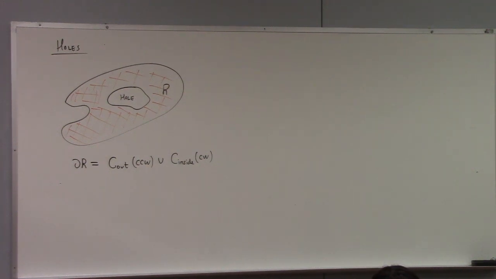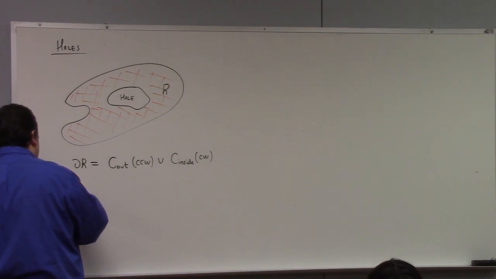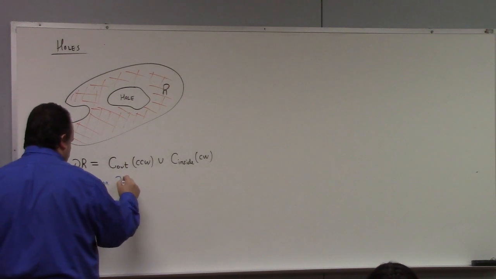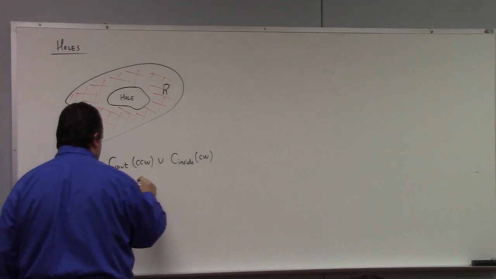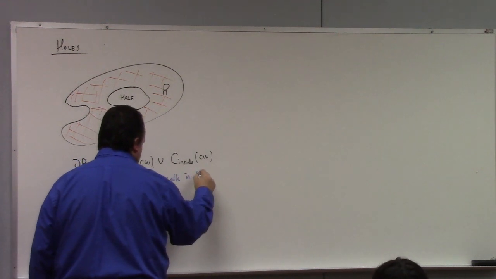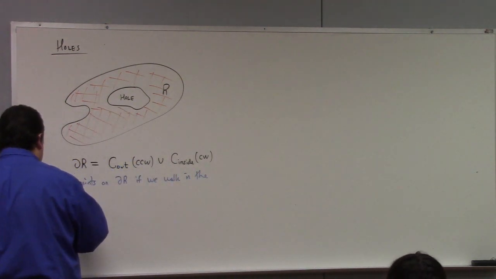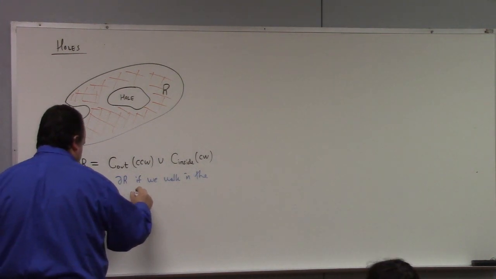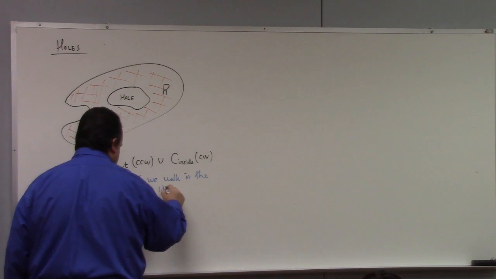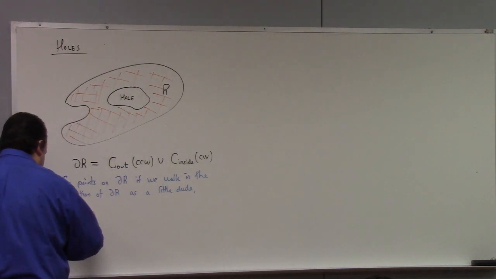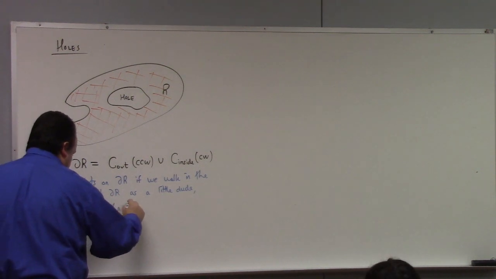Okay, fine. Here is a simple thing we can do. For points on the boundary of R, if we walk in the direction of the boundary of R as a little dude, R is on the left.